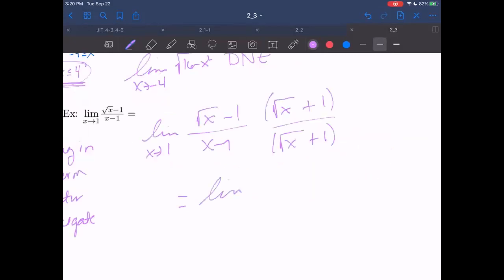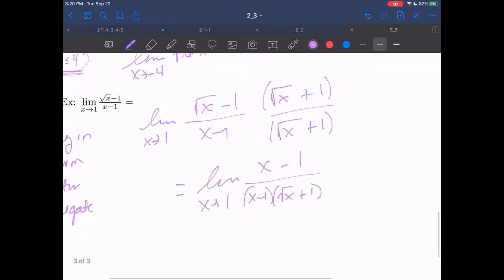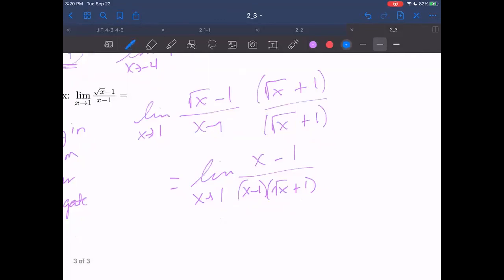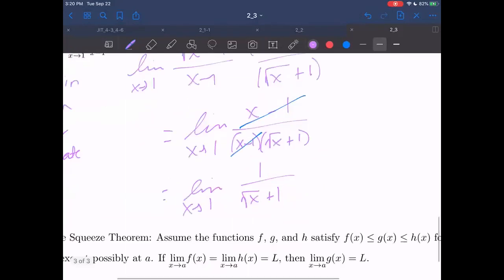So we get the limit as x approaches 1 of x minus 1 over x minus 1 times root x plus 1. These cancel. So we're left with the limit as x approaches 1 of 1 over root x plus 1. And now I can plug it in.